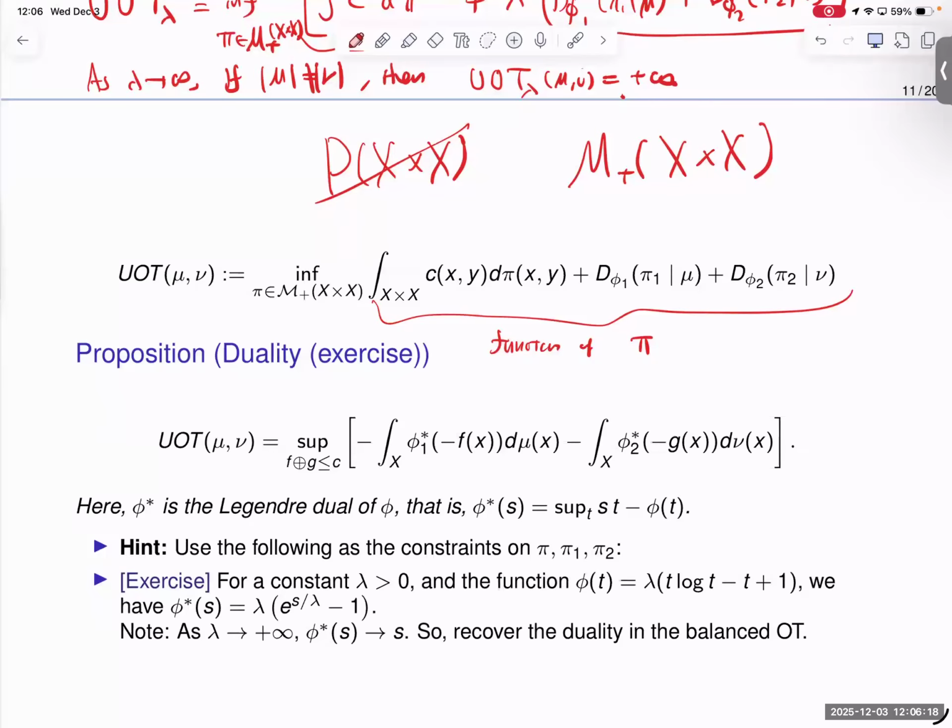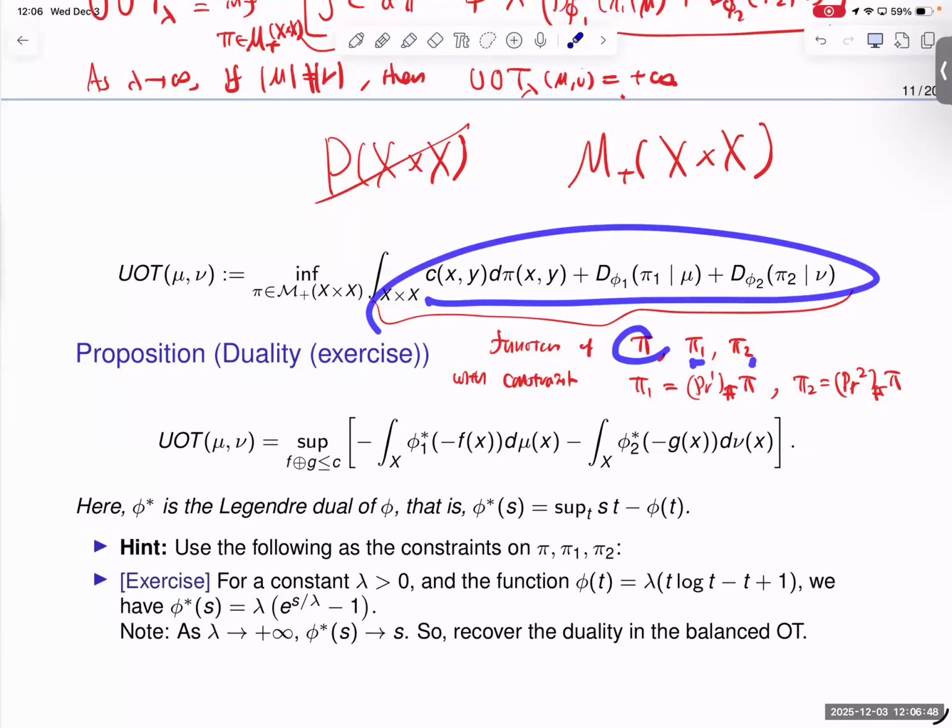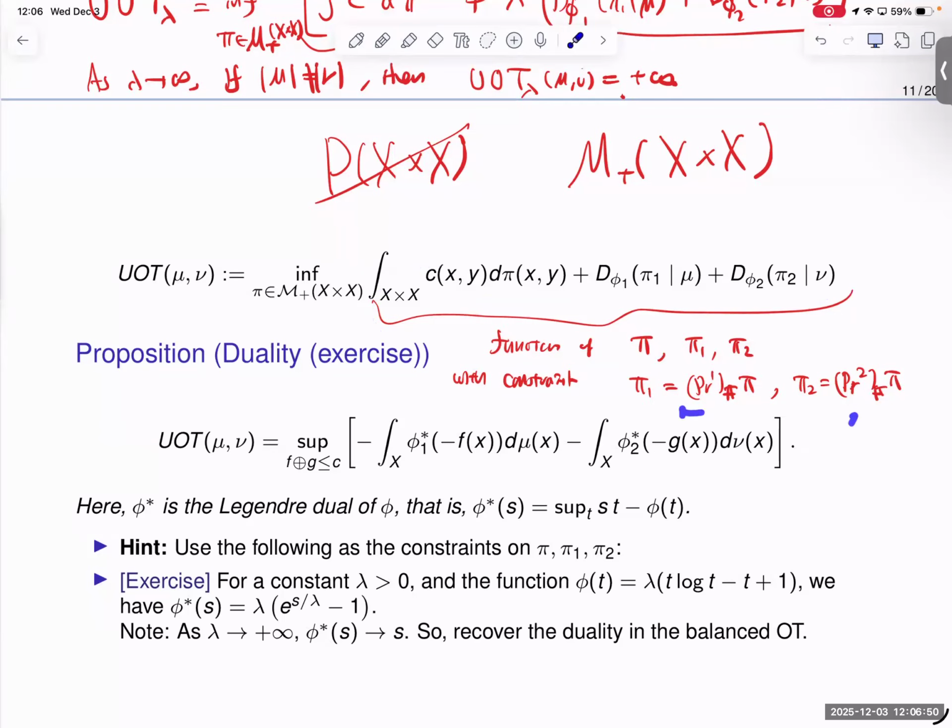But you can view it as a function of pi, pi 1 and pi 2, now with constraints: pi 1 is the first projection of pi, and pi 2 is the second projection of pi. So you can view this relation between pi 1, pi 2, and pi as constraints. Then this functional has basically three decision variables with these two constraints. Making sense?